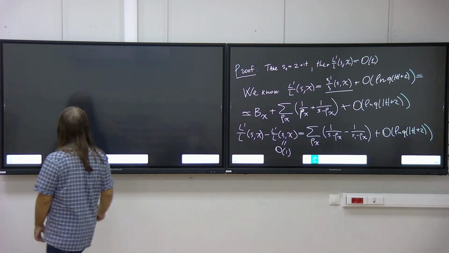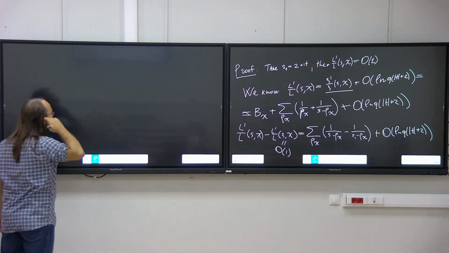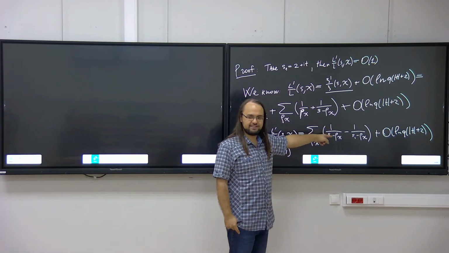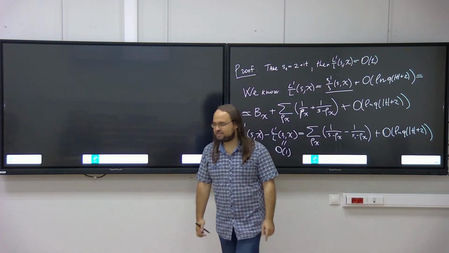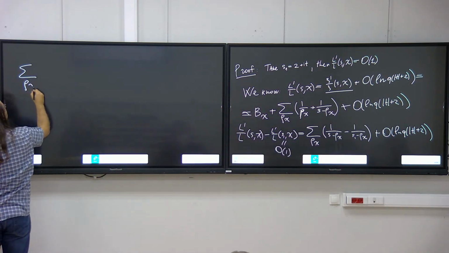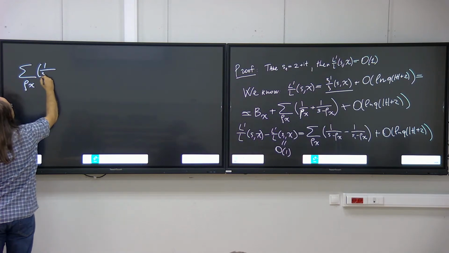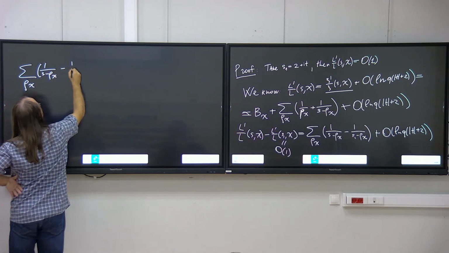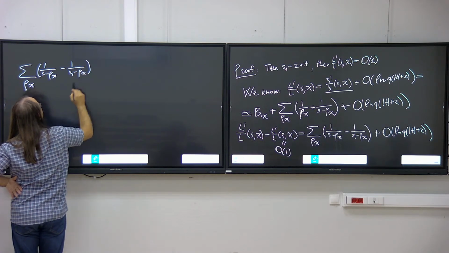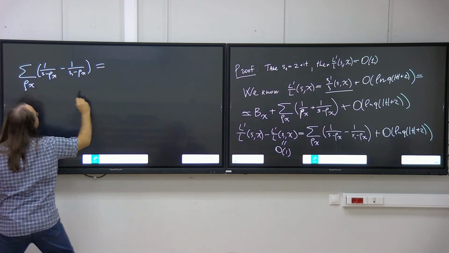Next, the only thing we need to do is to estimate this stuff over there. So the sum over all rho chi of 1 over s minus rho chi minus 1 over s1 minus rho chi is equal to the following.